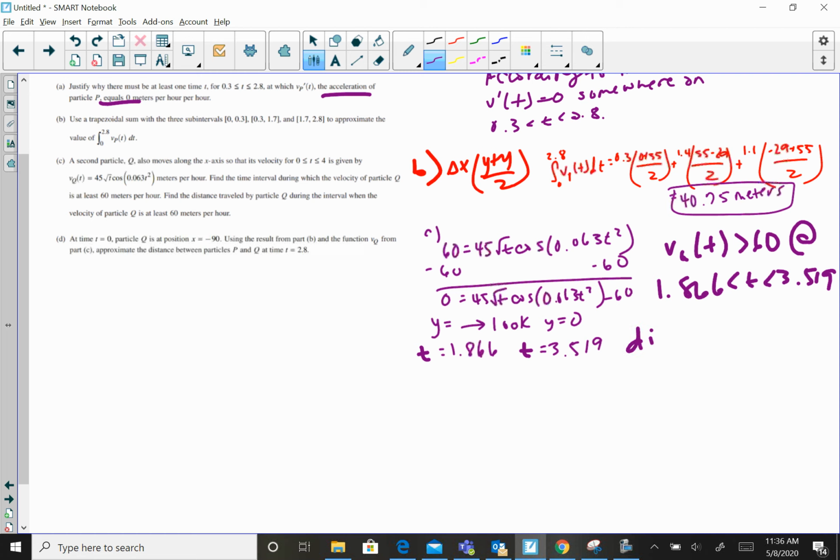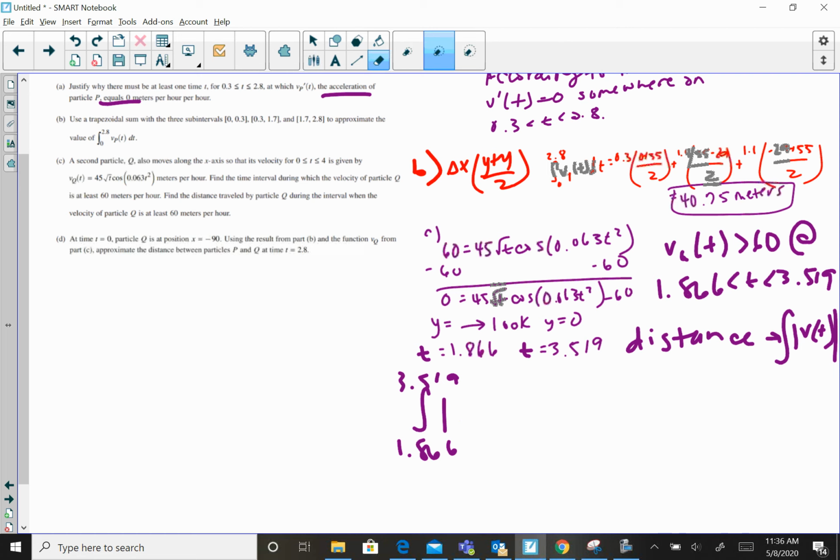And then to find distance, it is the absolute value integral of velocity. So I'm going to integrate from 1.866 to 3.519 the absolute value of that v of q, which is 45. You don't have to write it out. Don't waste your time, especially on stuff like this. Just write v, q, t, d, t.